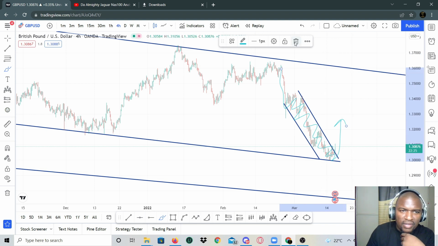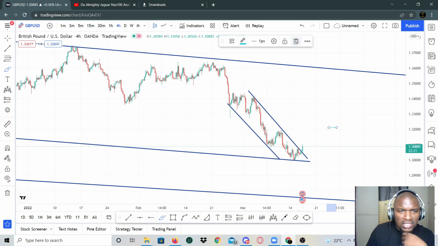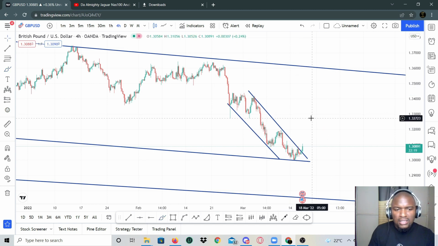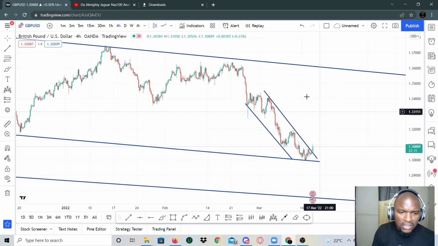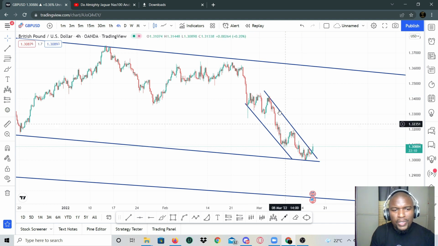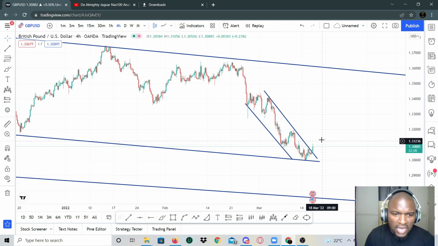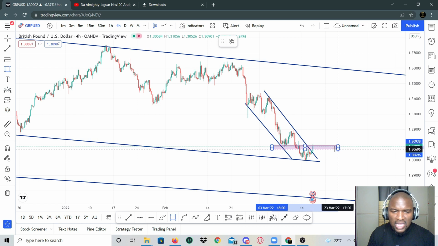So from these levels, we are identifying what the market is telling us at this particular moment. From the 4-hourly chart, we can see that we have this falling channel right here, which has already been broken, and we are now having a zone on these levels.